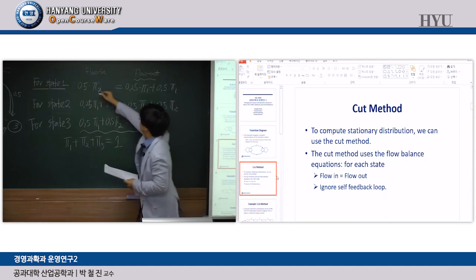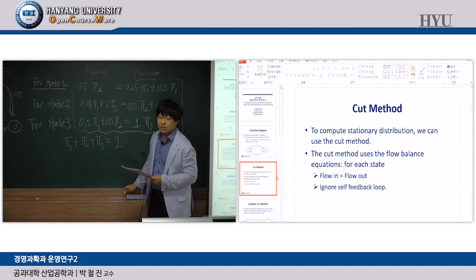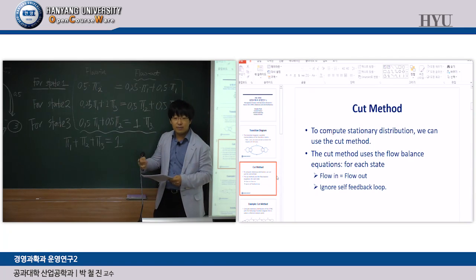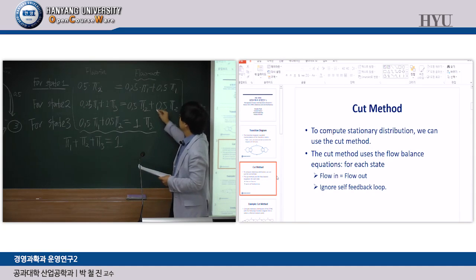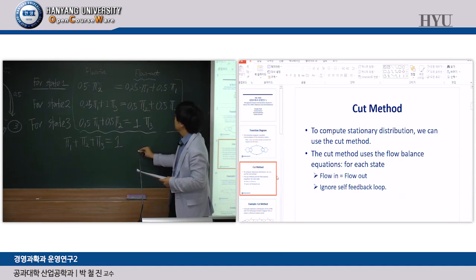Actually, this part is equivalent to solving pi times P equals pi, right? So let's say when we consider the invariant measure first, eta, okay? So if we consider eta 1, this value corresponds to pi 1, similar to the way we did last class.